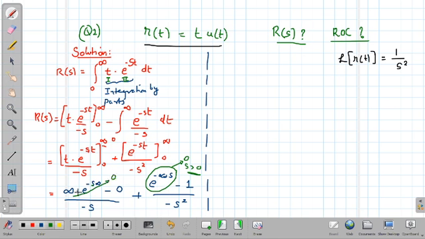One explanation is that e^(-s infinity) goes to 0 faster than infinity, so in that way you can see that it goes to 0, or else you can try to apply the limit.